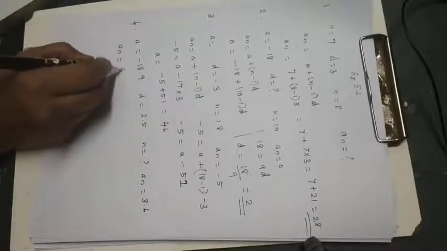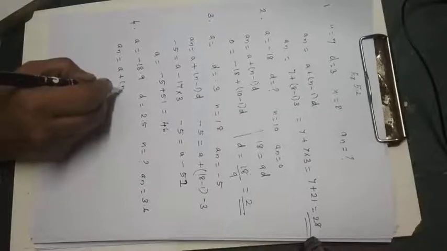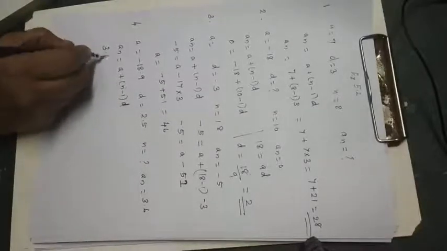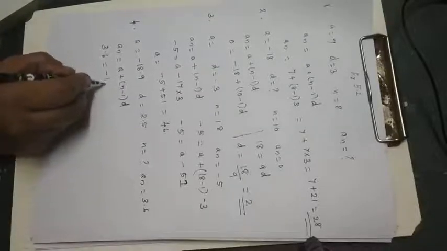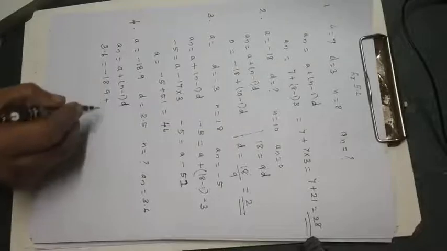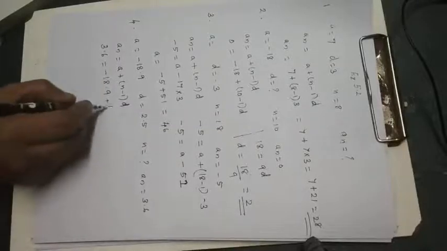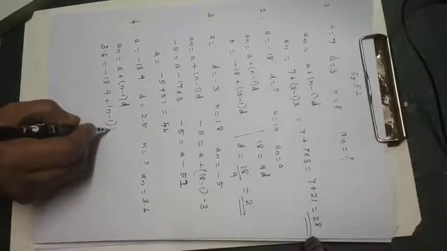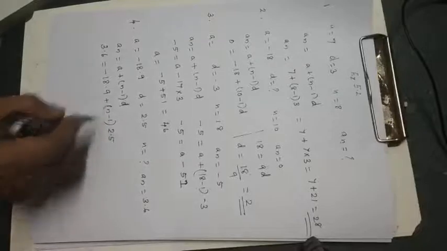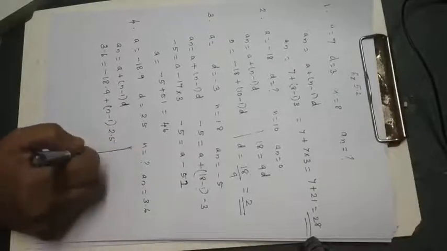So same, AN is equal to A plus N minus 1 into D. So 3.6 is equal to negative 18.9 plus N minus 1 into 2.5.